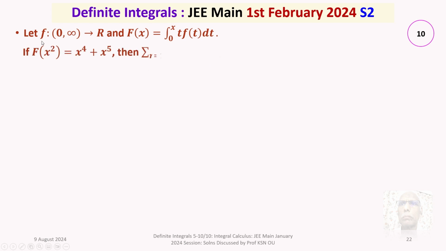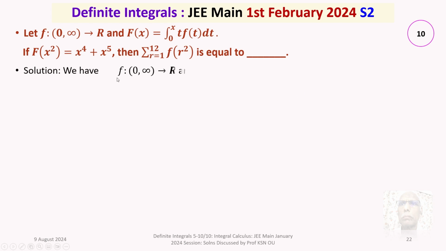If capital F of x square is x to the power of 4 plus x to the power of 5, then sigma r is equal to 1 to 12, small f of r square is equal to. It's a simple question. Now, we have the given function whose domain is the open interval 0 to infinity, whose codomain is the set of real numbers. Capital F of x is defined as integral 0 to x of t times f of t dt. Right.